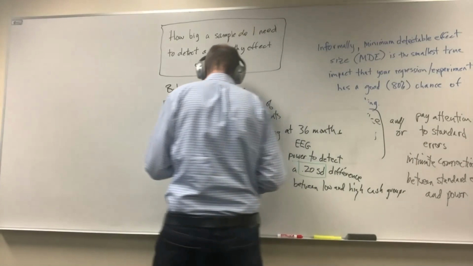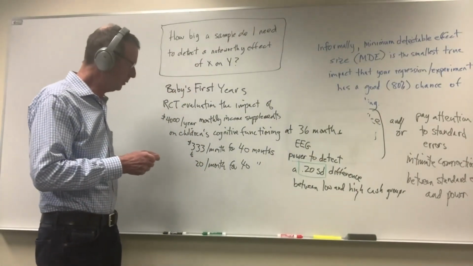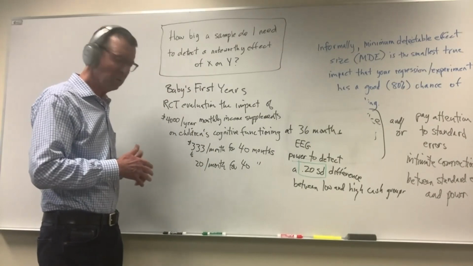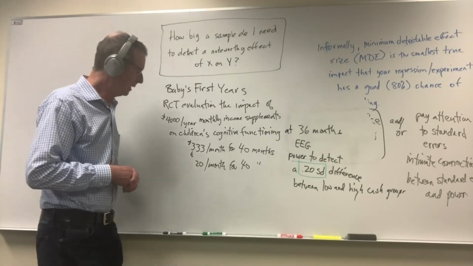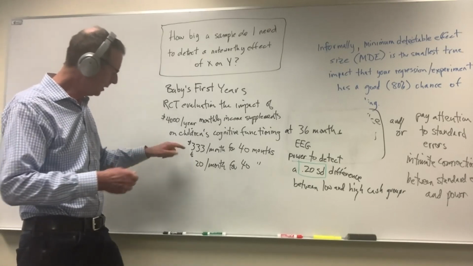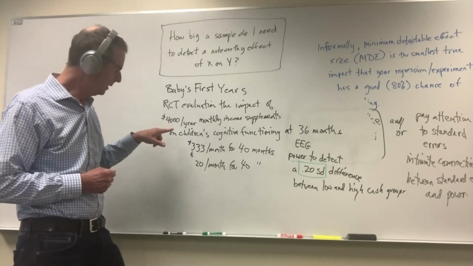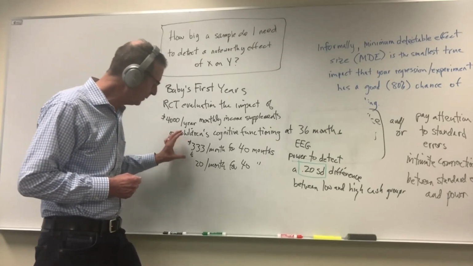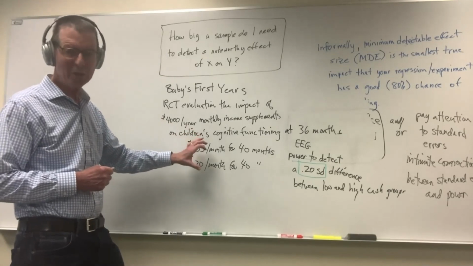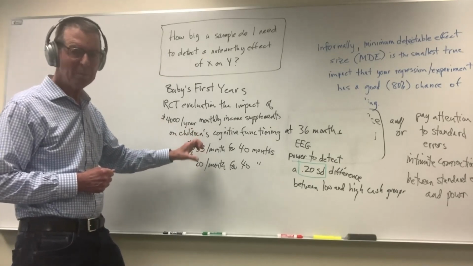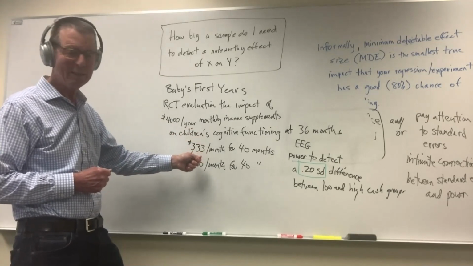But in terms of the intent to treat question, if you think about if you offer Head Start slots and only some parents take up the offer, we're offering this debit card that gets filled up with either $333 or $20. And only if substantial numbers of mothers after being given the debit card didn't use the debit card would there be a difference between intent to treat and treatment on the treated, right?